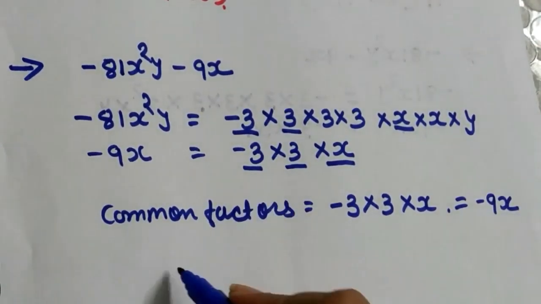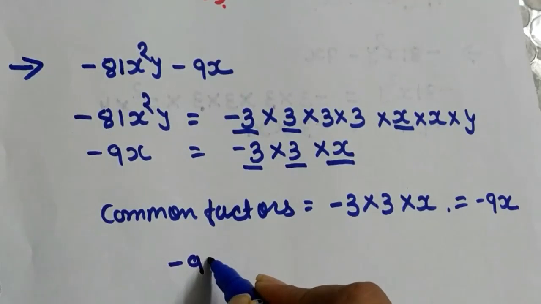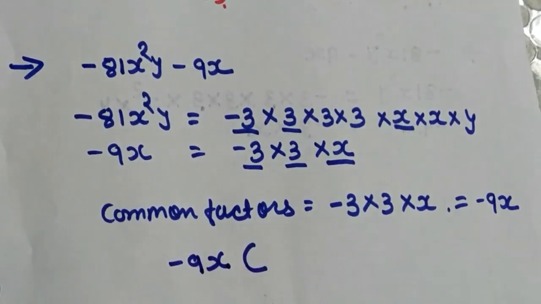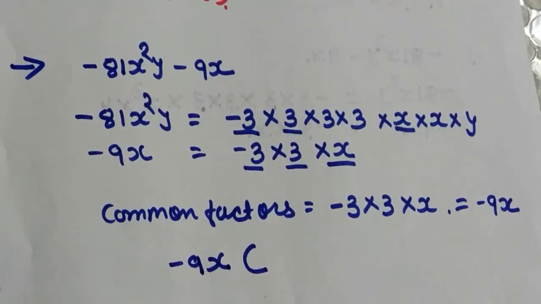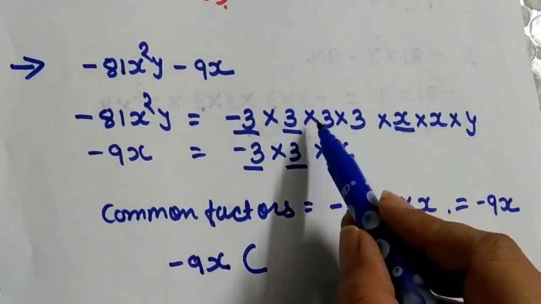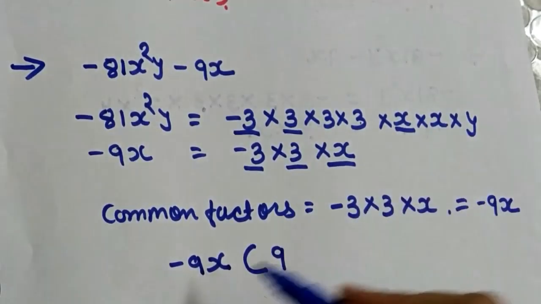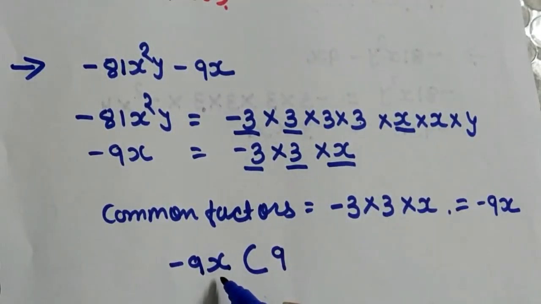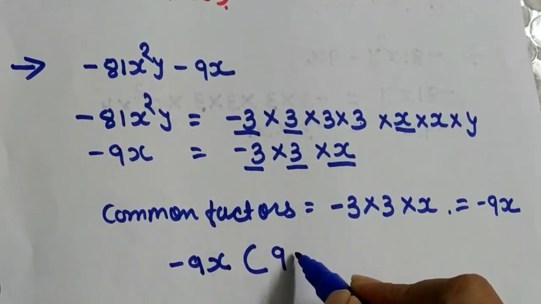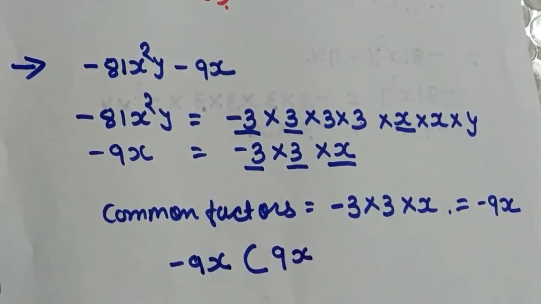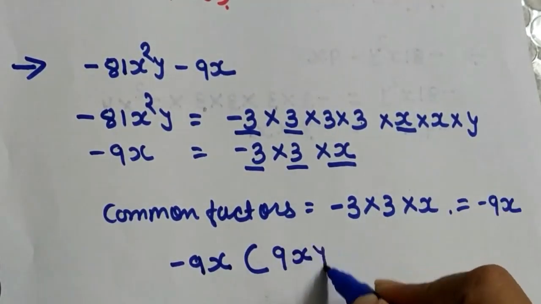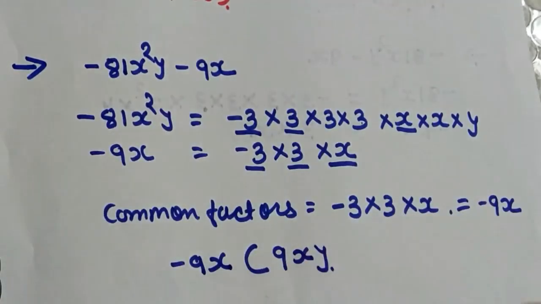So we'll write minus 9x out of the bracket, and inside the bracket whichever remaining factors are there, we'll write in the bracket, that is 3 3s are 9, and x is already taken out as a common factor, so the remaining x we will write, and here we'll write y, and here the whole 9x has been taken out, so nothing has been left, so we'll write 1.